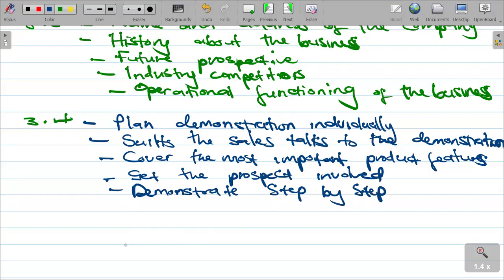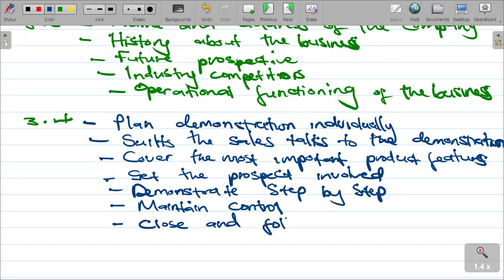And we're supposed to maintain control, and also we're supposed to close and follow up the demonstration.